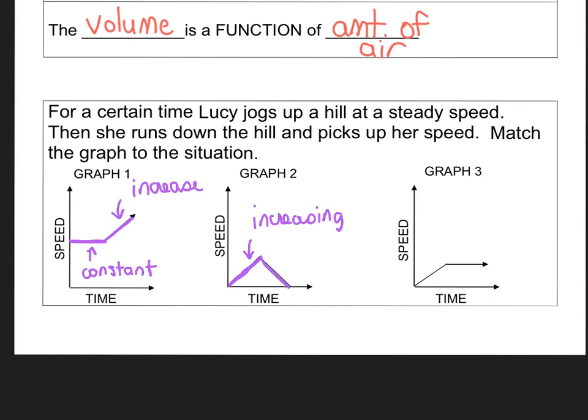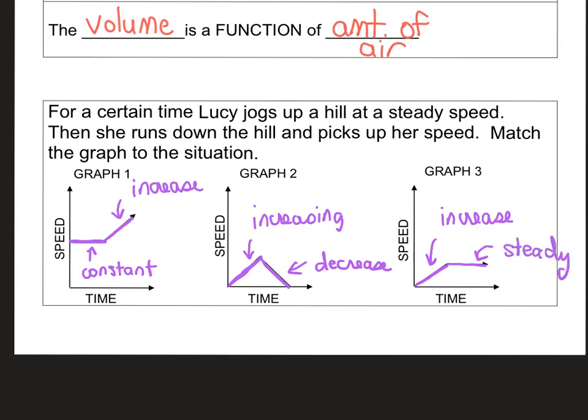And then her speed starts to decrease. And then on graph 3, it shows increase. And then it shows that her speed is steady.